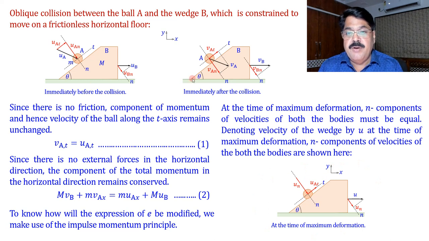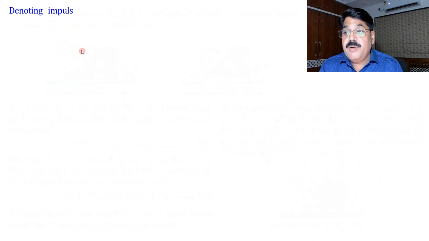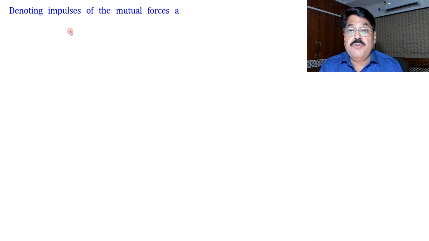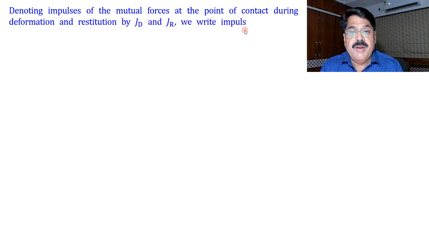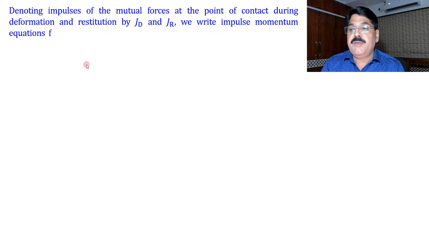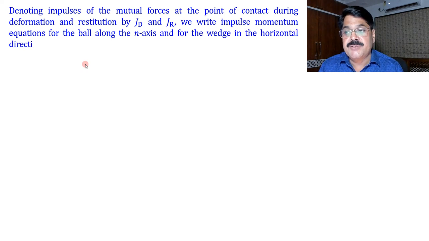Now we redraw all these three diagrams and try to apply the impulse momentum principle as we had done in the case of head-on collision. Denoting impulses of the mutual forces at the point of contact during deformation and restitution by JD and JR, we write impulse momentum equations for the ball along the n-axis and for the wedge in the horizontal direction.